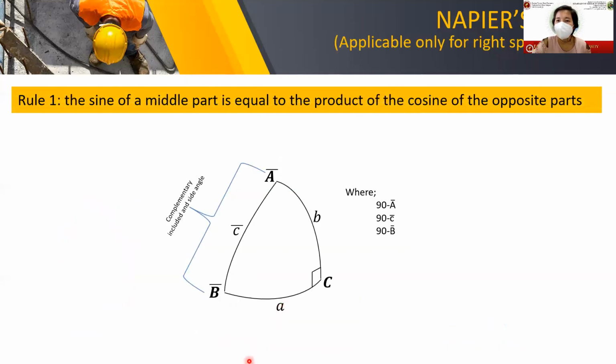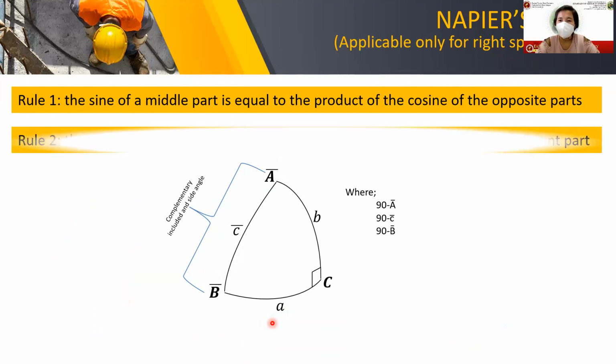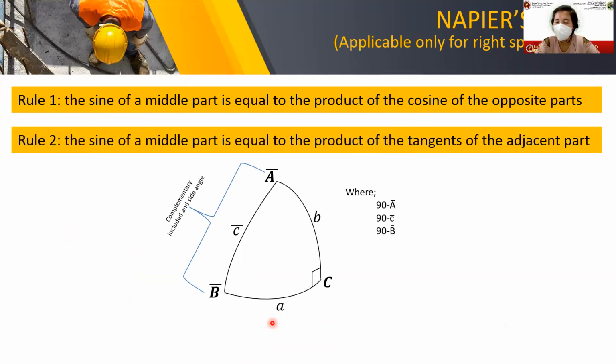So, if this is new to you, we have Napier's rule. Napier's rule is only applicable if one angle of the spherical triangle is a right angle. So if one of the interior angles C, B, or A is equal to 90 degrees, then we can use Napier's rule.